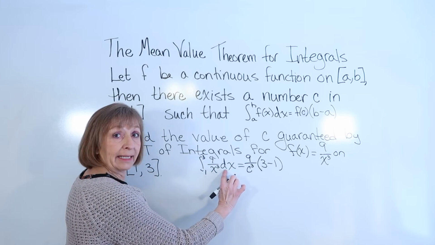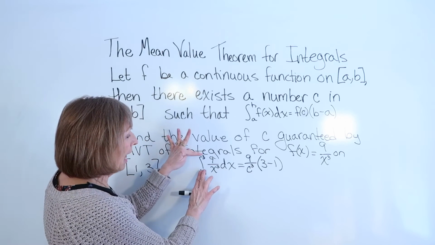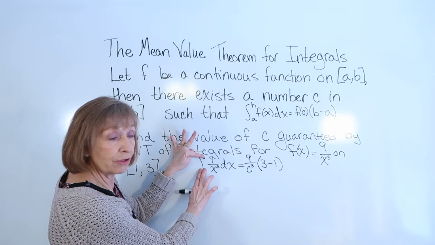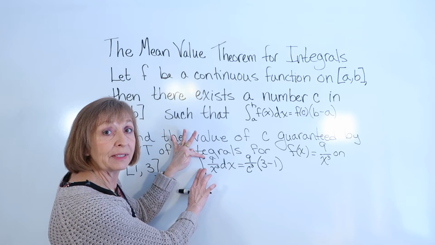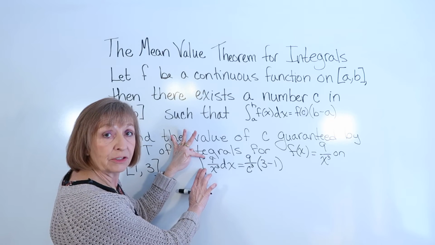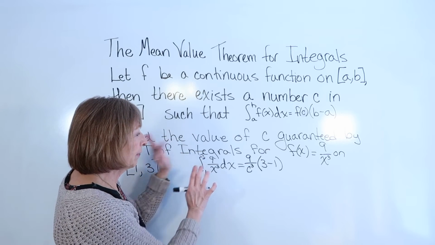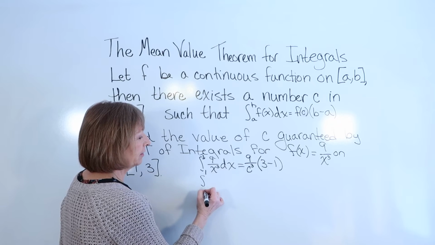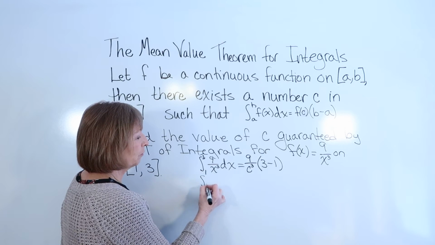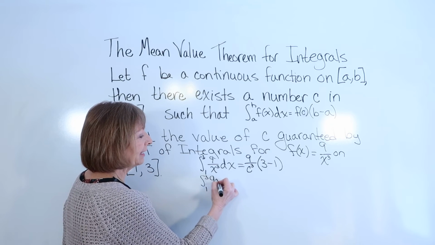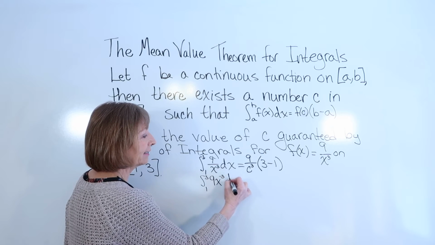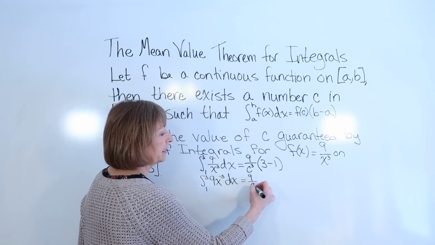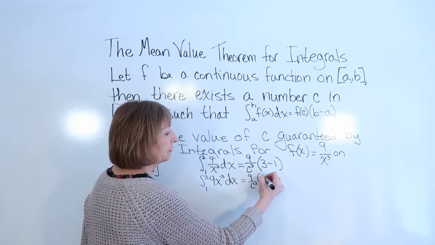Now integrating this definite integral, I need to find an antiderivative of 9 over x to the third, so think back when you were doing the indefinite integrals, but don't add the plus c. After that, we're going to plug in our endpoints. So we think that's a definite integral from 1 to 3 of 9x to the negative 3 dx. And on the right over here, I have 9 over c cubed times 2.